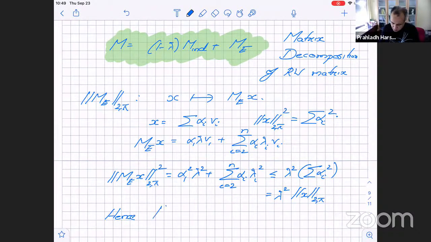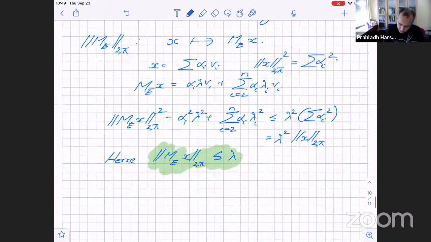Hence, mod ME X 2 pi, the stretch is lambda, rather less than lambda. That's the conclusion of this. So what am I stating? The conclusion of this object is the following fact.